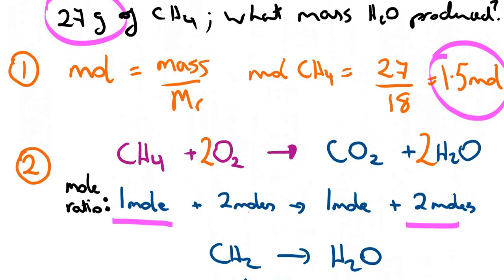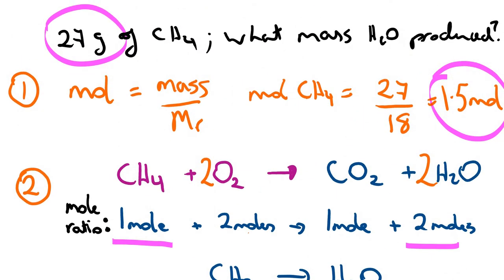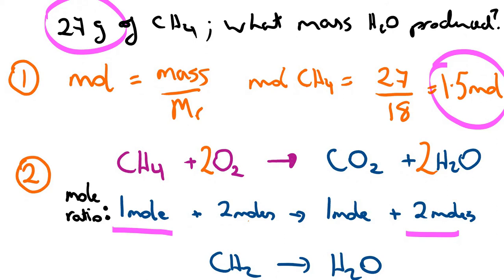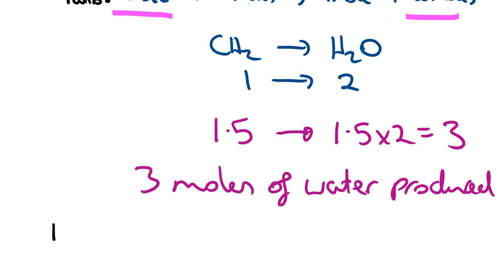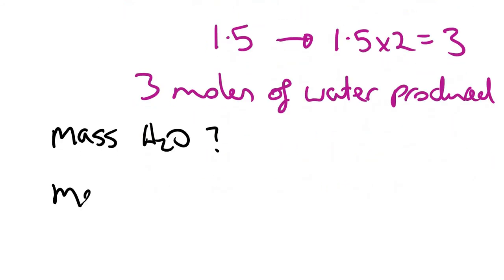Going back to the question then, I'm asked what mass of water is produced. Well, there I need to go and rearrange my equation for moles and mass. So mass of H2O, well, mass equals mole times Mr. So we need the Mr of H2O.